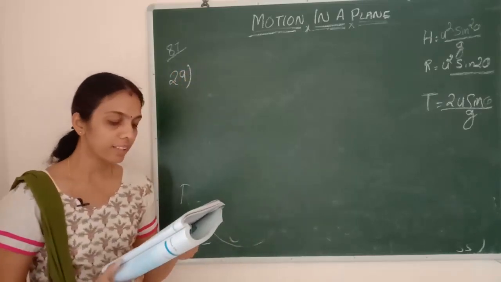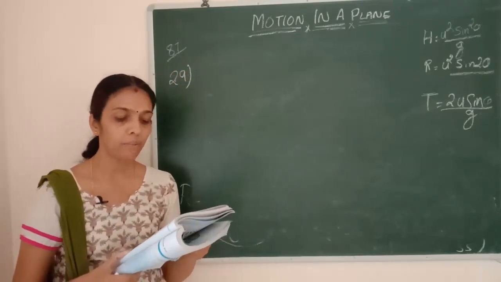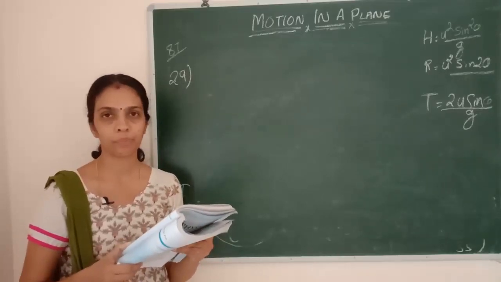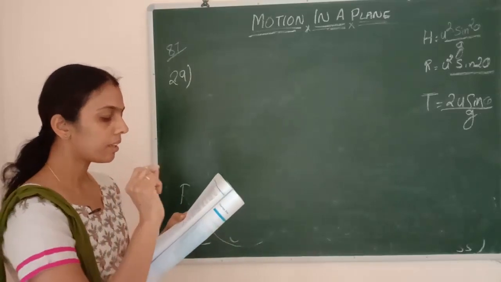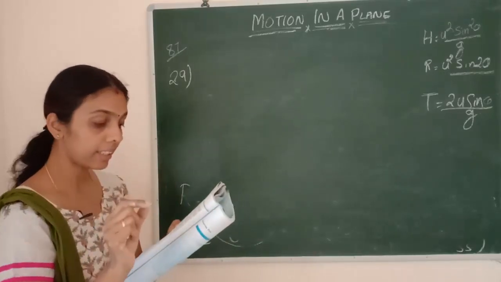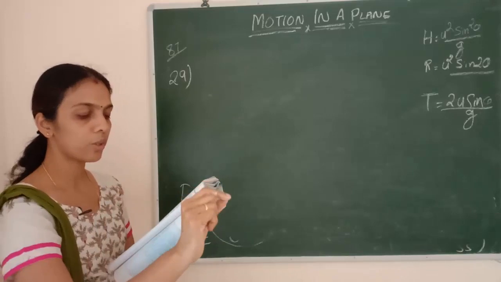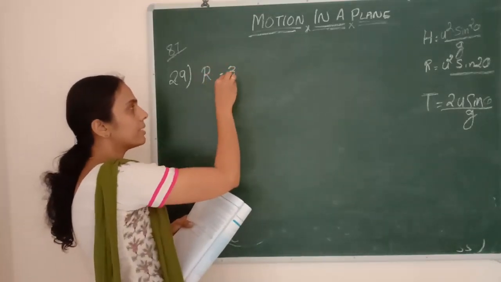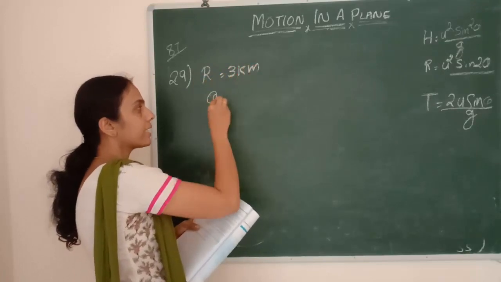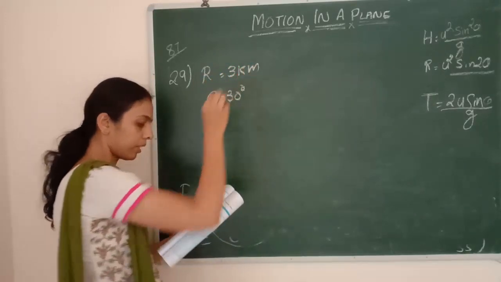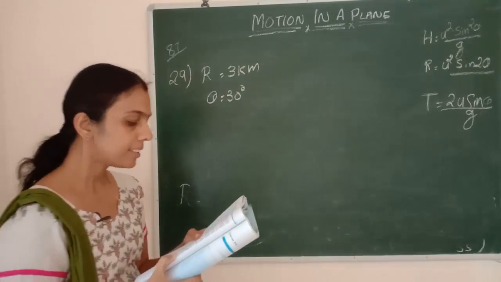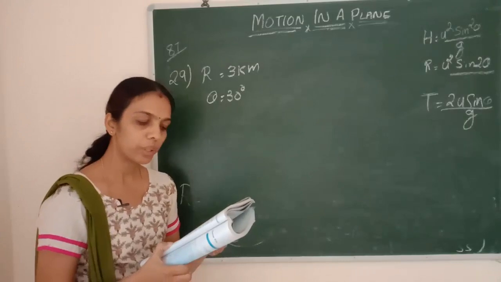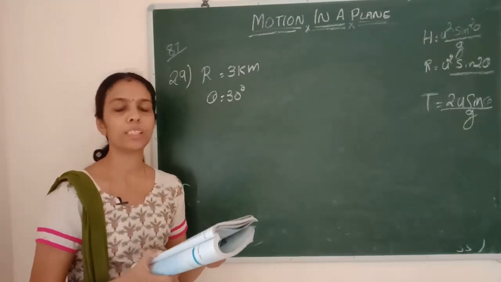A bullet fired at an angle of 30 degree with the horizontal hits the ground 3 kilometers away. So if we are projecting at an angle of 30 degree with the horizontal and it hits the ground 3 kilometers away, that is, R is given as 3 kilometers and the angle is given as 30 degree. And by adjusting the angle of projection, can one hope to hit the target 5 kilometers away?